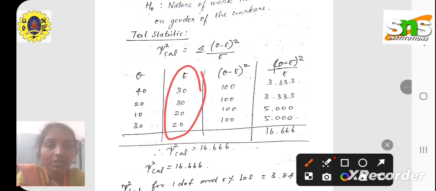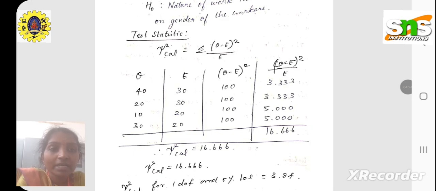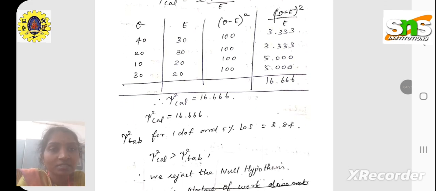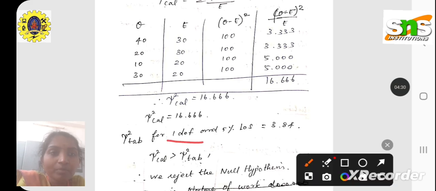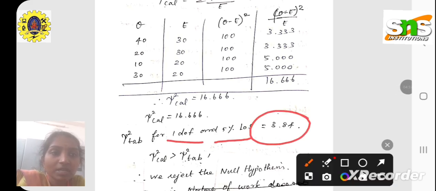The chi-square tabulated value for 1 degree of freedom and 5% level of significance, as per the standard table, is 3.84.